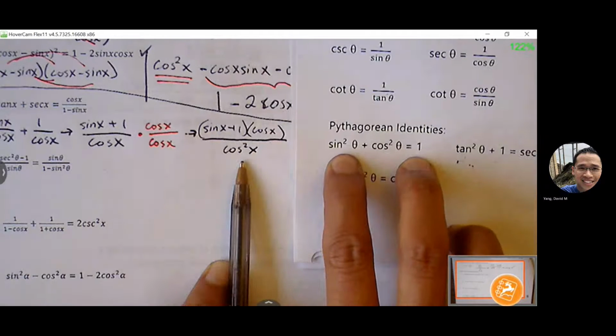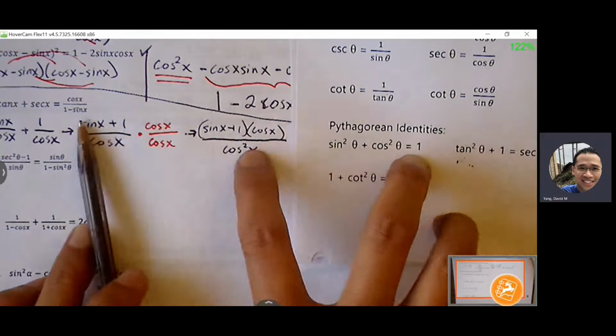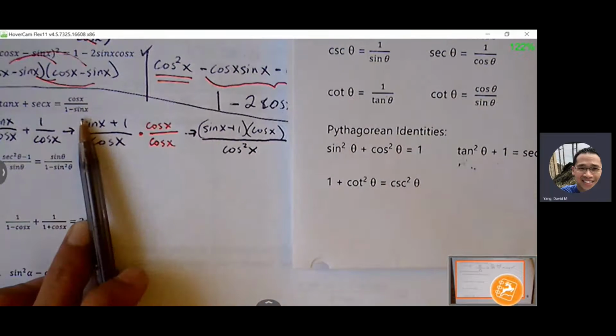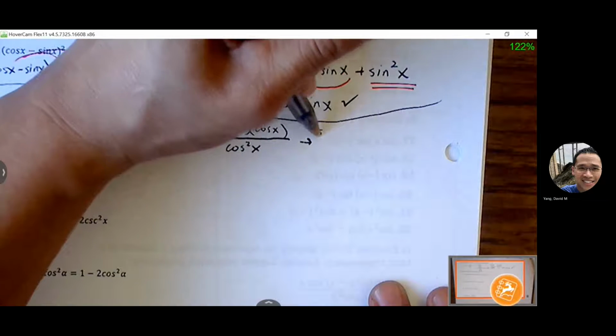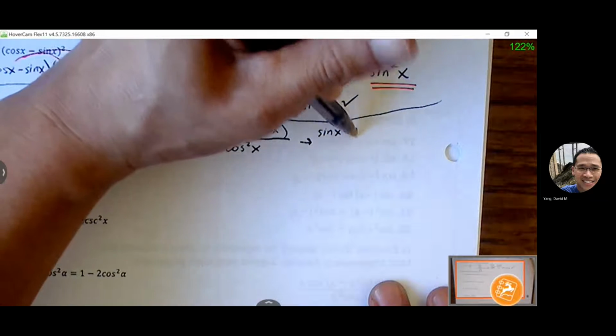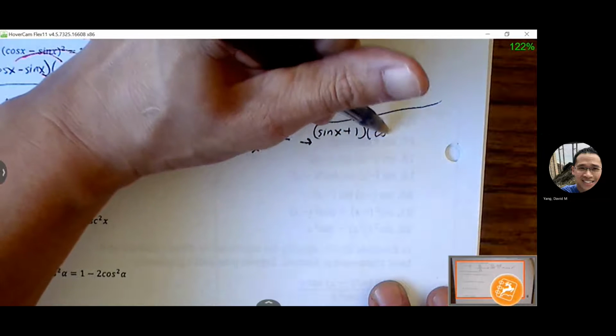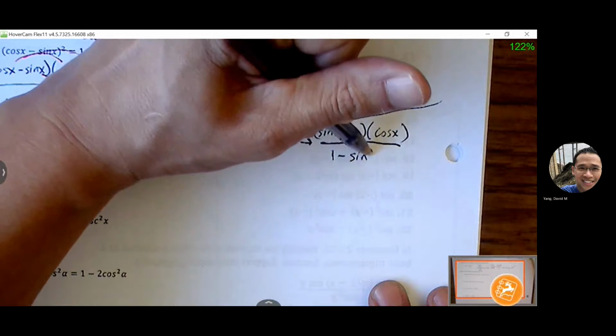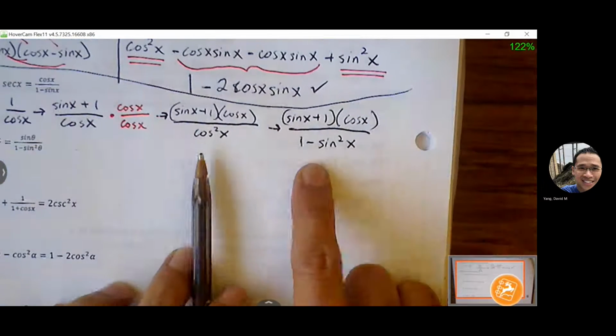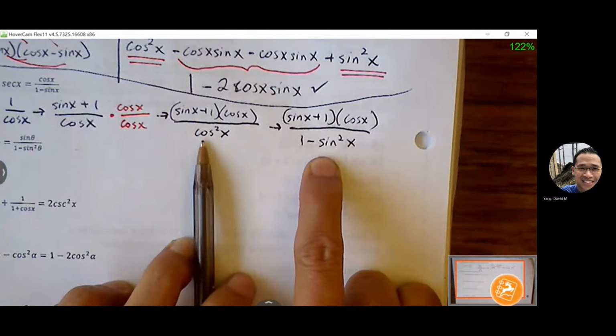It's just math moving in the correct direction. Okay with that jump?